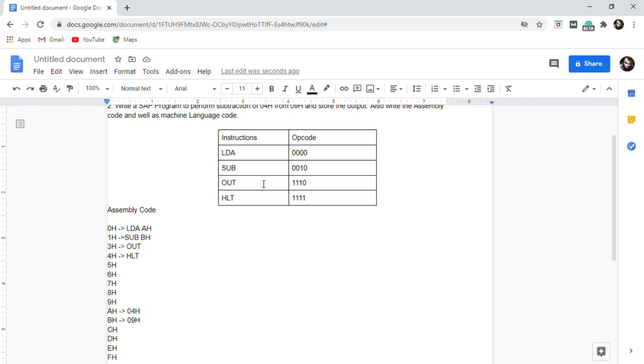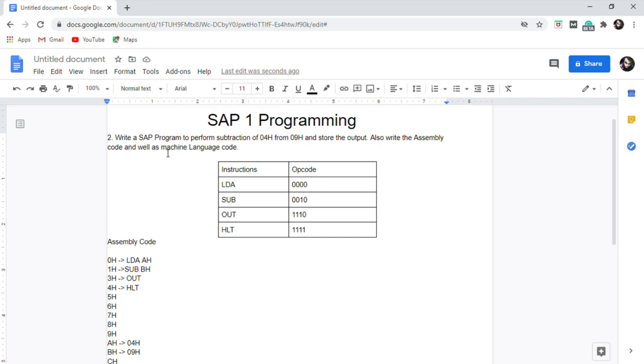Then after, as mentioned in the question, we need to write the machine language code as well. So this is very much easy, you know. So we are going to write the machine code.